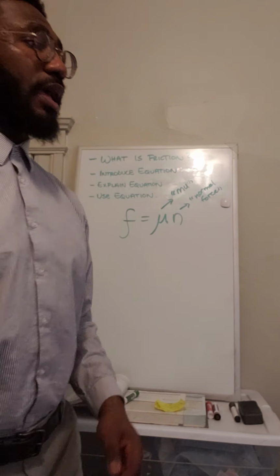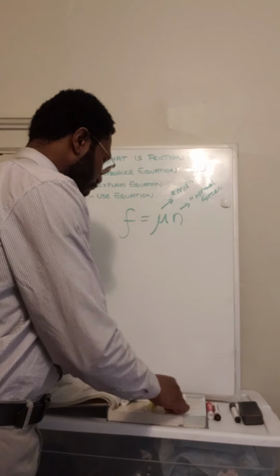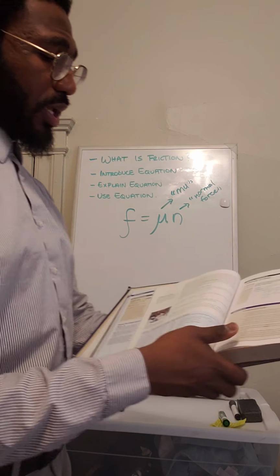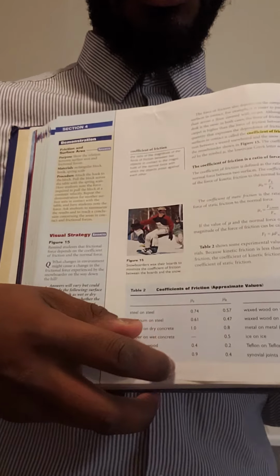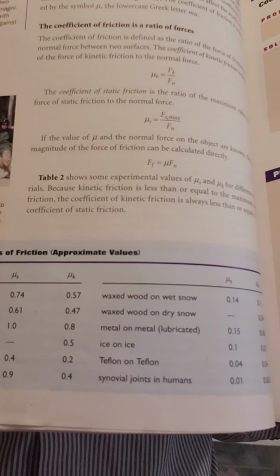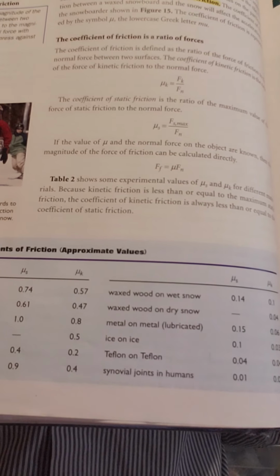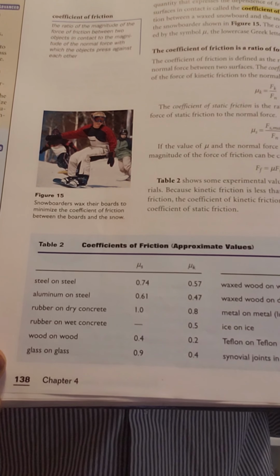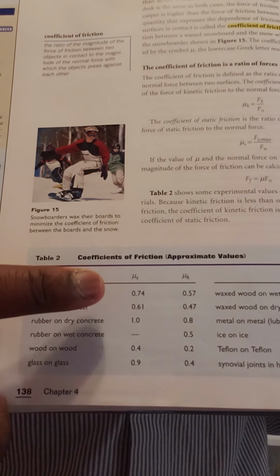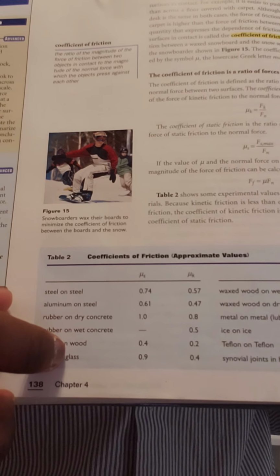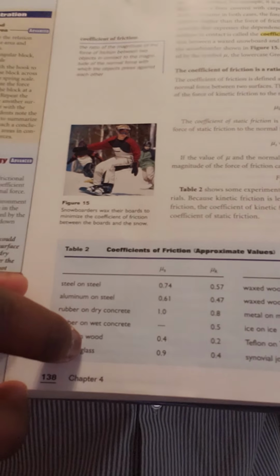And I'm going to pull out the book. The book actually does a good job. It has a table that actually shows you a couple of those different values. So as you can see, depending on what you're looking for, the values are going to change. Now, mu S means static friction. Mu K is the coefficient of kinetic friction.